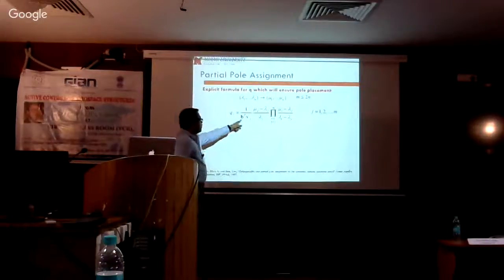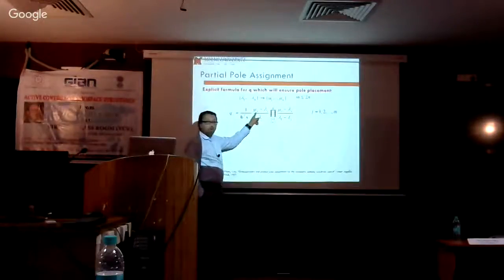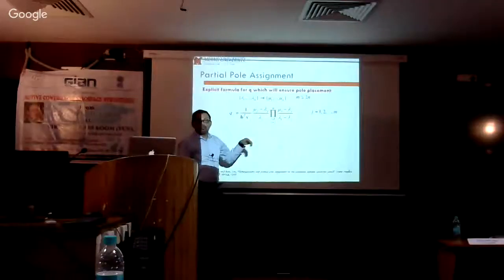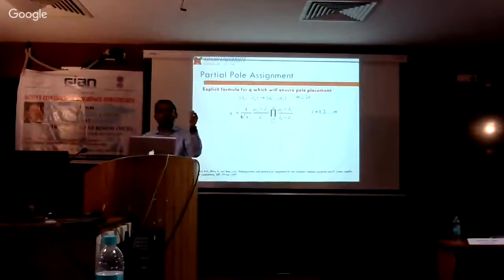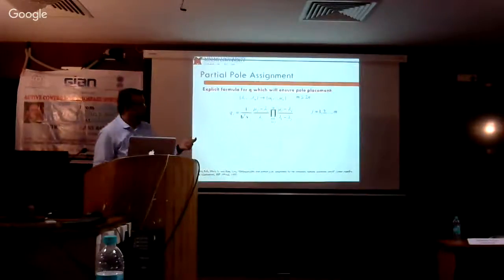This is your control distribution vector. These are the mode shapes which you want to change. Mu is the new eigenvalue, the new poles which you want to place, and these are the old poles. So you need the information of the old poles and the new pole locations.